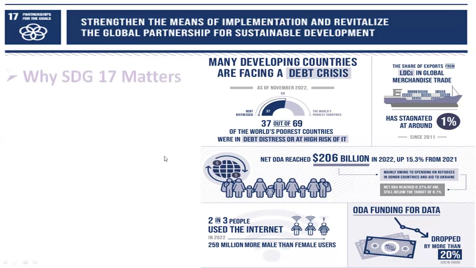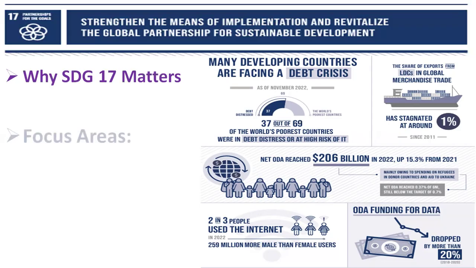So no single country or organization can achieve the SDGs alone. Global partnerships are essential to mobilize resources, share knowledge, and promote technology transfer. By working together, we can accelerate progress towards a sustainable future.